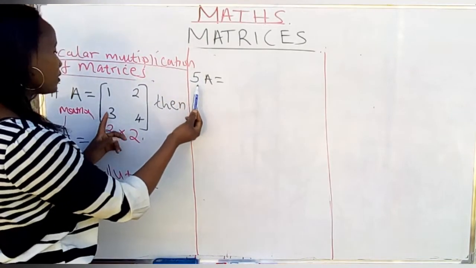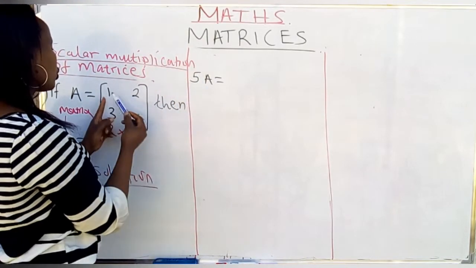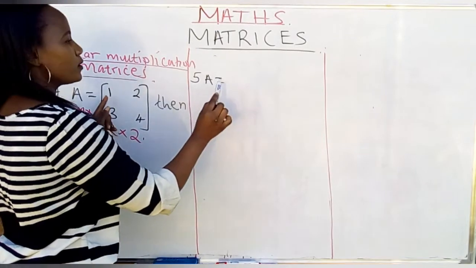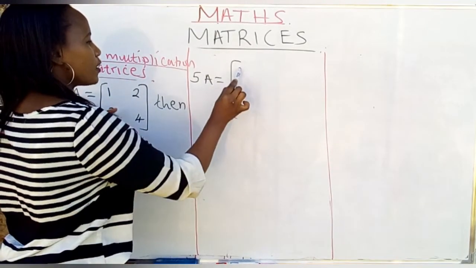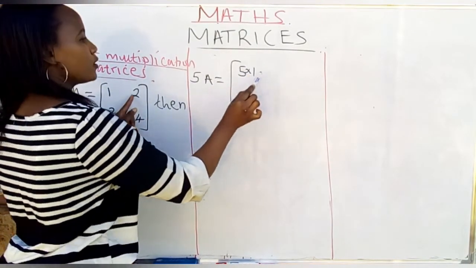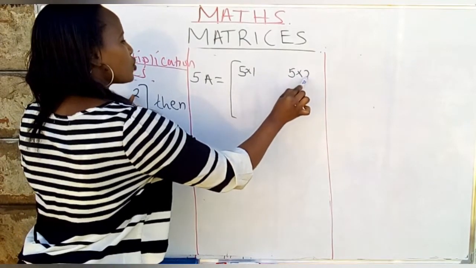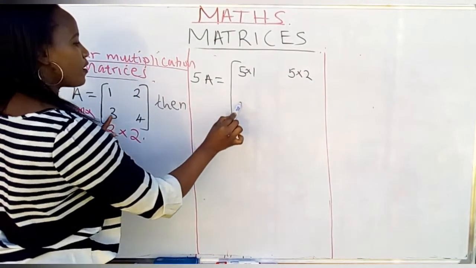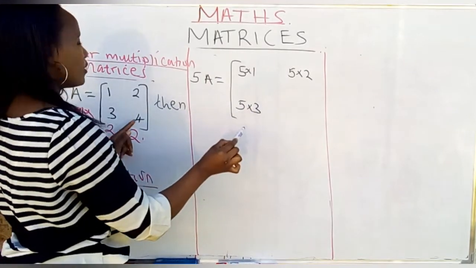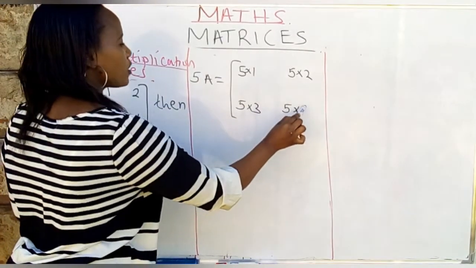So 5A will be 5 times 1, then 5 times 2, then 5 times 3, then 5 times 4.